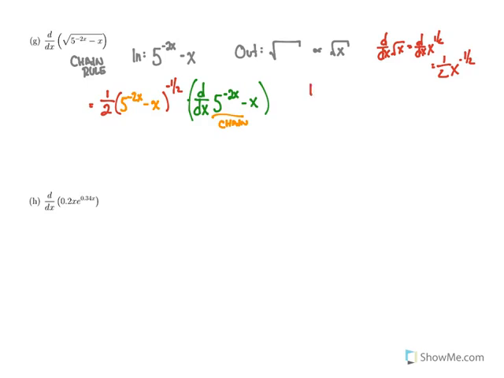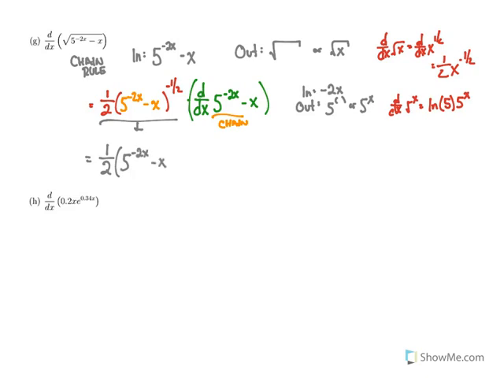That chain rule is going to be, the inside function is negative 2x. The outside function is 5 to the something, or 5 to the x. And we know the derivative of 5 to the x is natural log of 5 times 5 to the x. So, writing everything out, we have what we had from before, just keeps on coming along for the ride. 1/2 5 to the negative 2x minus x to the negative 1/2 power.